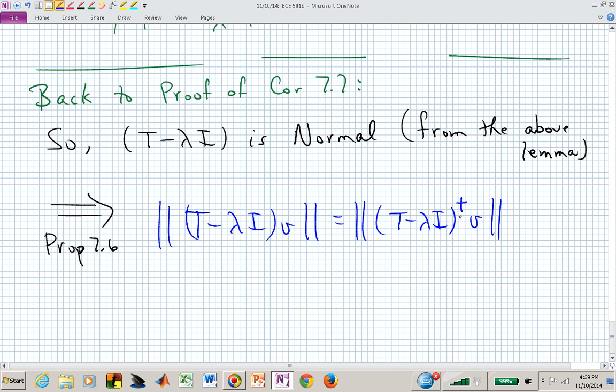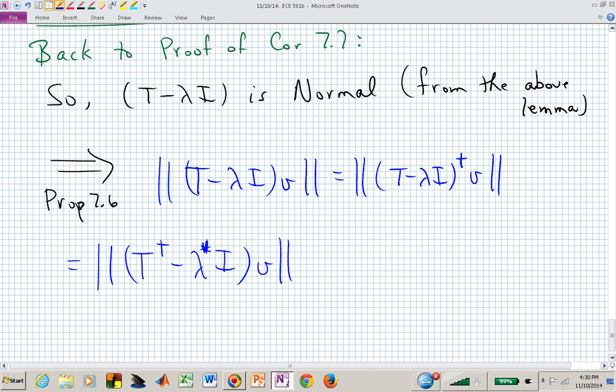My daggers are looking more and more like plus signs, aren't they? But hopefully you can do your typography a little better than I'm doing mine. Now let's move that dagger through those two operations. This is now equal to T dagger minus lambda star I v. But what do we know about T minus lambda I v?